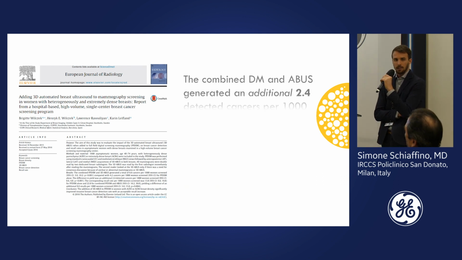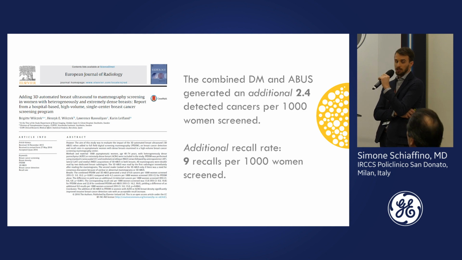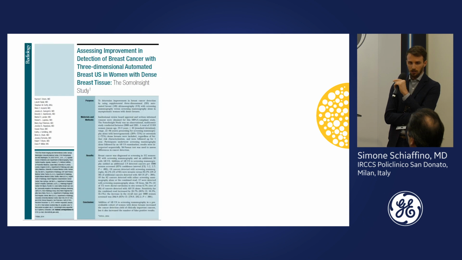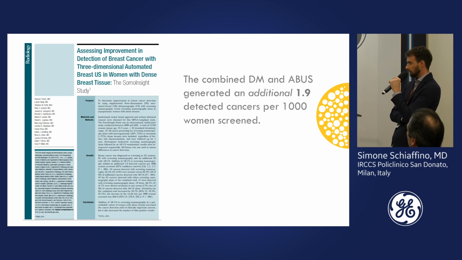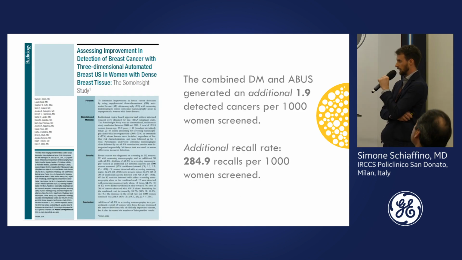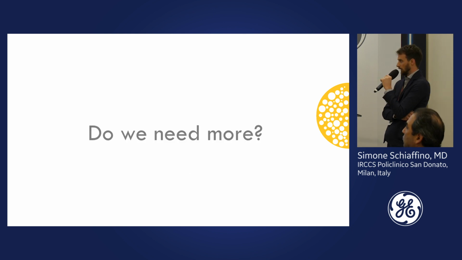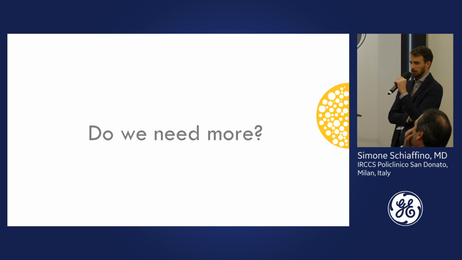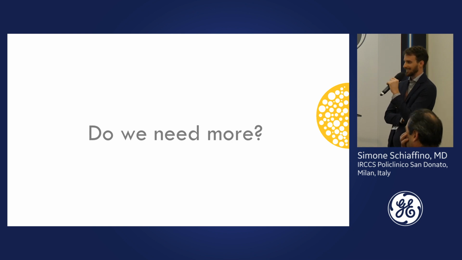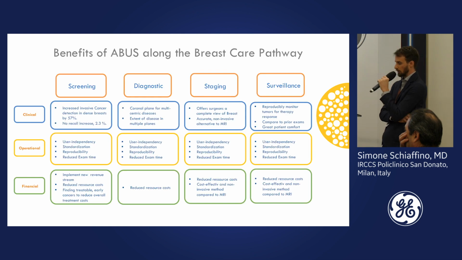But they told me that the technique was a beta version, so the software was very, very different from the software that we use now. So this could be explained in this way, but the recall rate is very important. So we need more, yes, but reducing the recall rate is very, very important, and experience is very important in this setting.